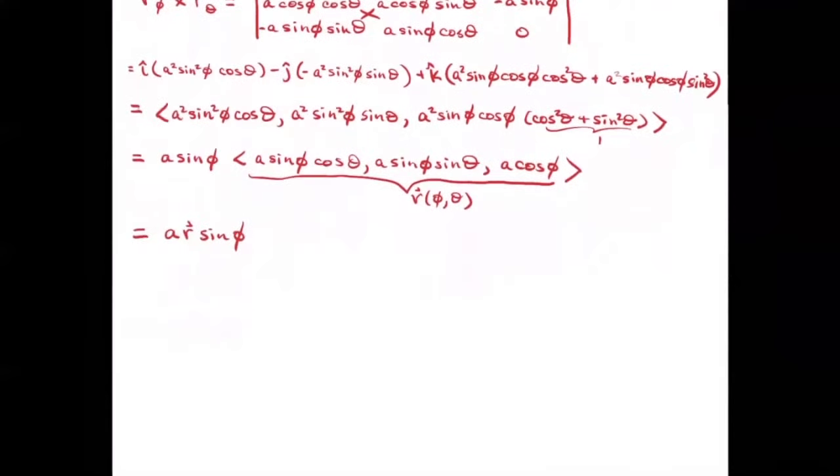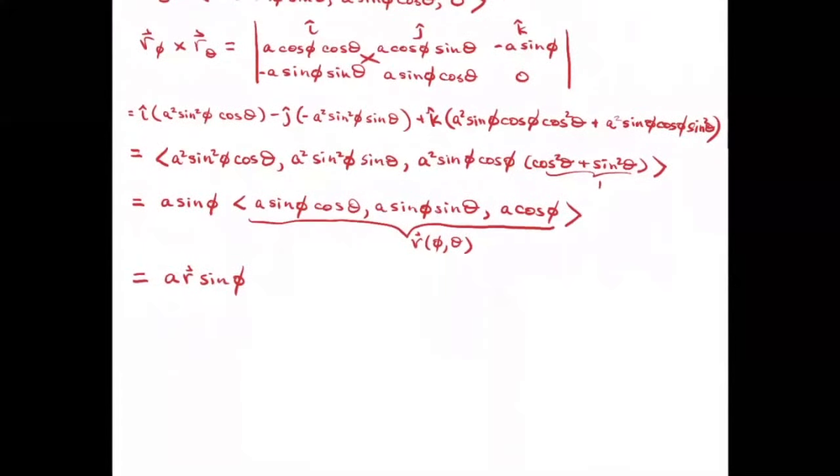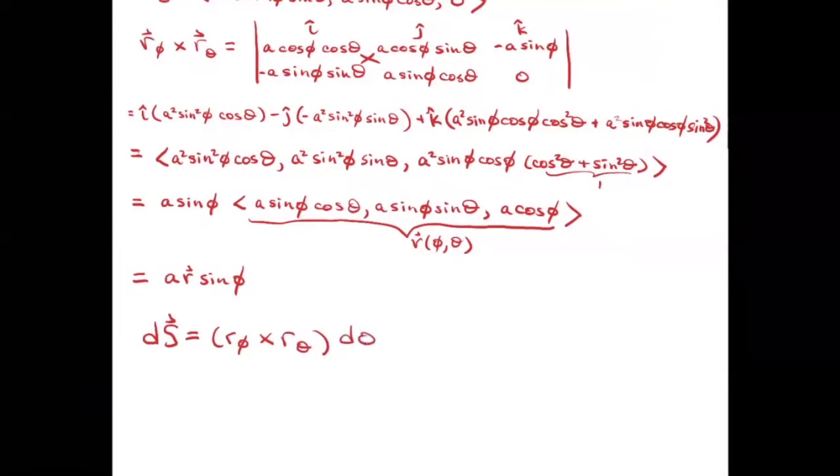So ds, the vector ds, is r phi cross r theta d phi d theta.